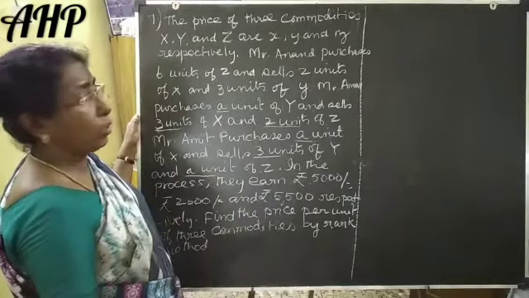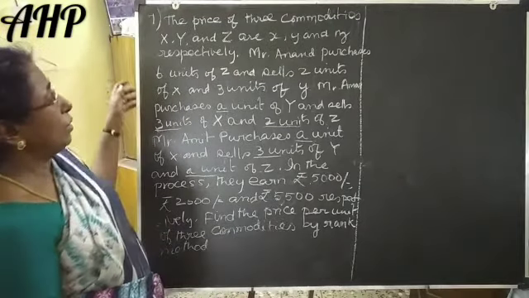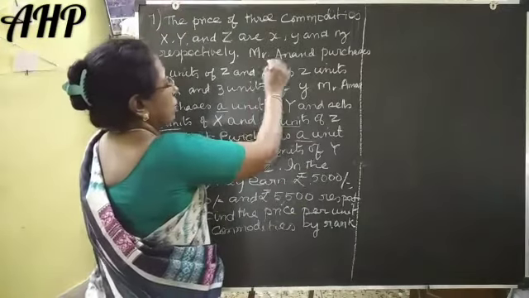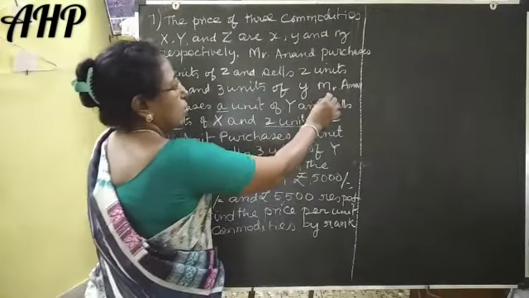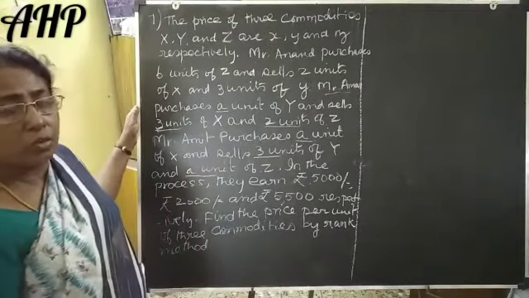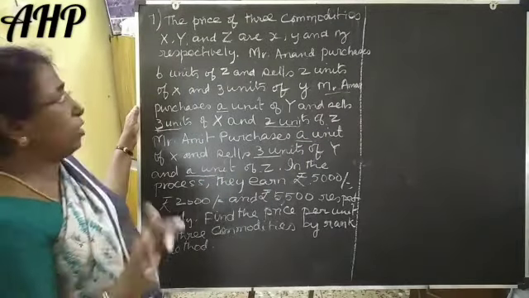So here we are asked to find the price per unit. That means price of 1 unit we are asked to find. And there are 3 transactions. Mr. Anand is making a transaction, Mr. Amar is making a transaction and Mr. Amit is making a transaction. So we are going to get 3 equations.